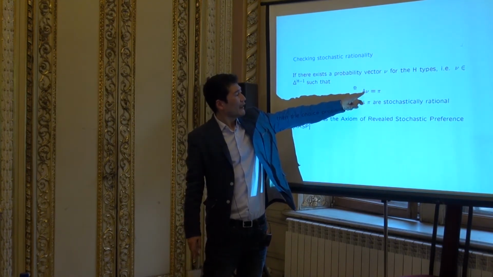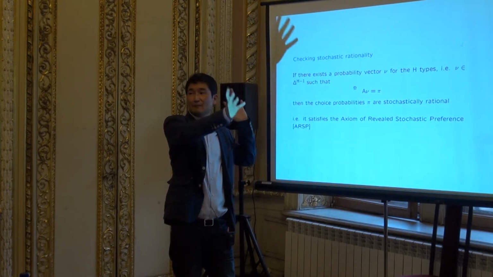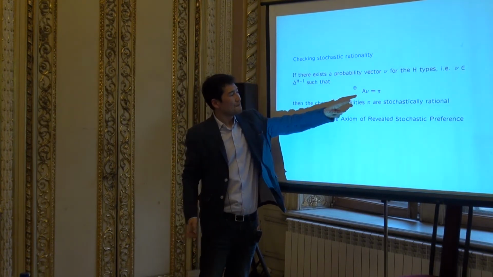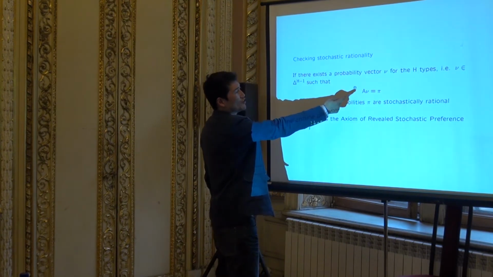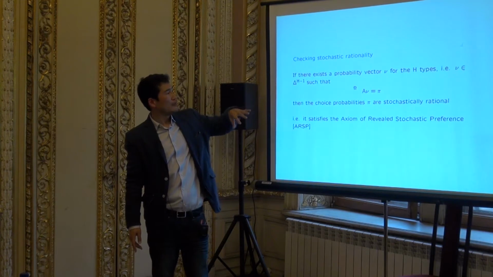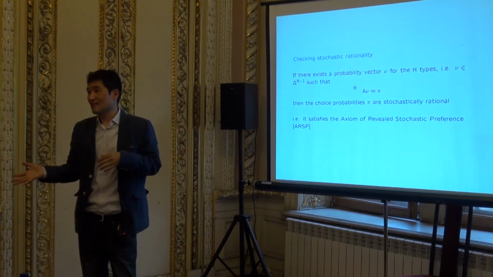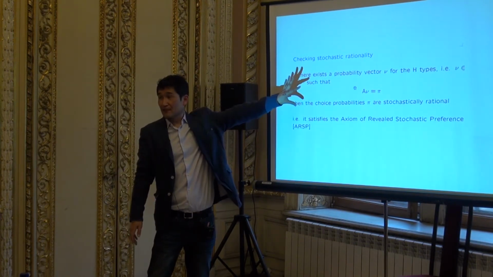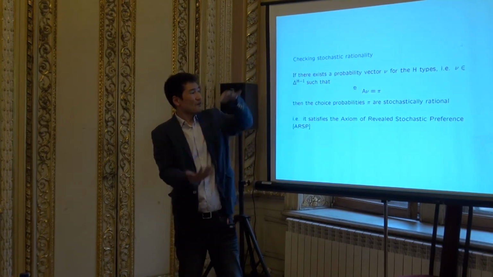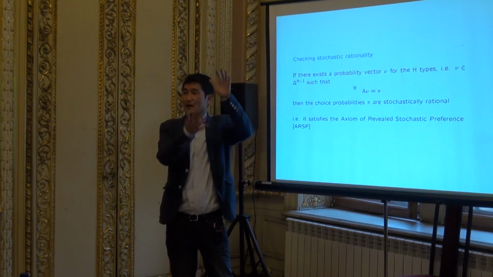A is the matrix of 500,000 choice patterns, and they are saying that there exists a nu which lives in the unit simplex, which is a fancy way of saying it's a probability vector. So this vector nu sums up to 1, even though it's a 500,000 dimensional vector.